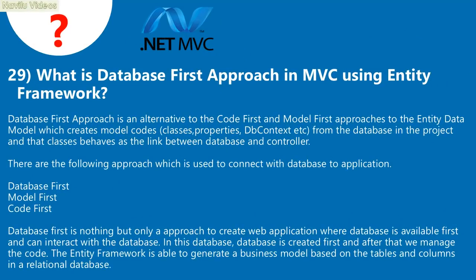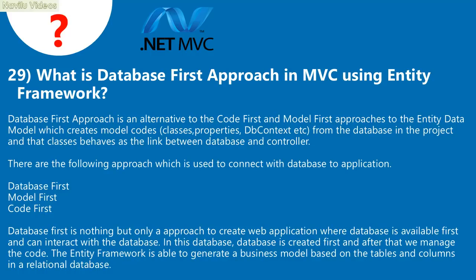29. What is database first approach in MVC using entity framework? Database first approach is an alternative to the code first and model first approaches to the entity data model, which creates model codes, classes, properties, DB context, etc. from the database in the project, and those classes behave as the link between database and controller.